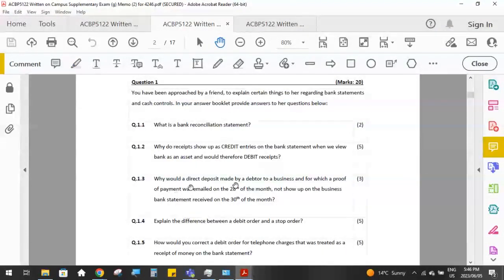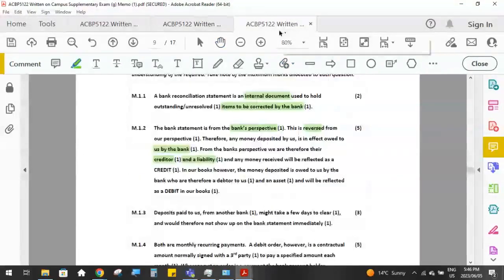Then why would a direct deposit made by a debtor to a business, and for which a proof of payment was emailed on the 28th of the month by the debtor to us, not be visible on our bank statement that we received on the 30th of the month? What is the possible reason why? So for 3 marks.